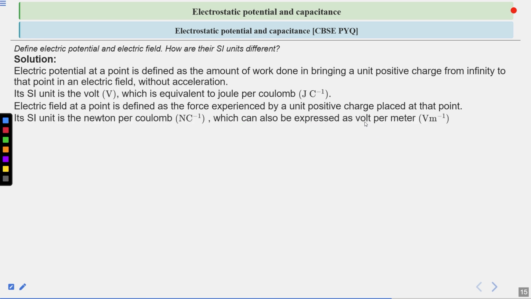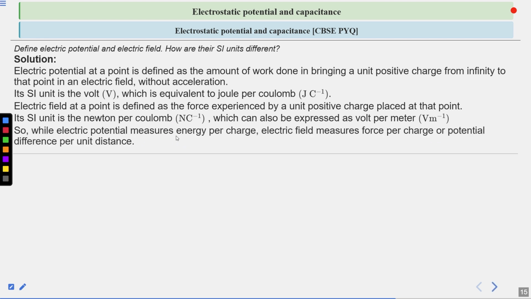So SI unit is the Newton per coulomb, or according to its relation with potential difference, E equals minus dV by dr. So potential difference upon separation. So what is this? Volt per meter. So according to that relation, the unit of electric field can be volt per meter and Newton per coulomb.